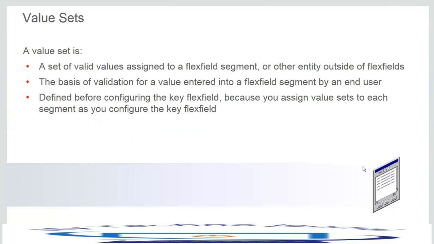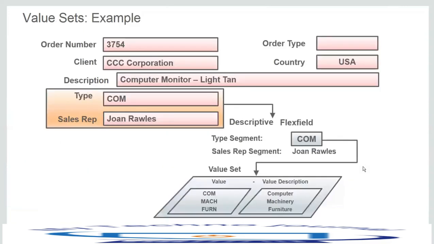So value set. What is a value set? It is a set of valid values assigned to a flex field segment or other entity outside of flex fields. So this diagram in the slide shows a value set being used for descriptive flex field segments.